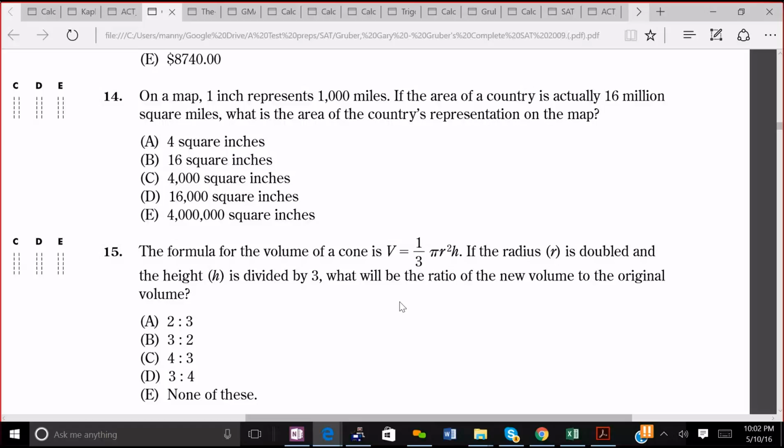After, b equals 1/3 pi radius times 2. So if the original radius is 1, then the radius would be 2. So 2 squared. And if the original height is 1, divided by 3 would be 1/3. So it would be.